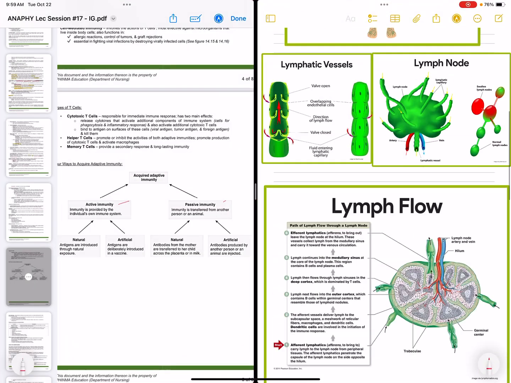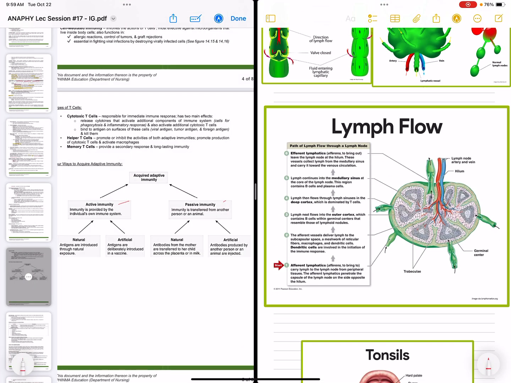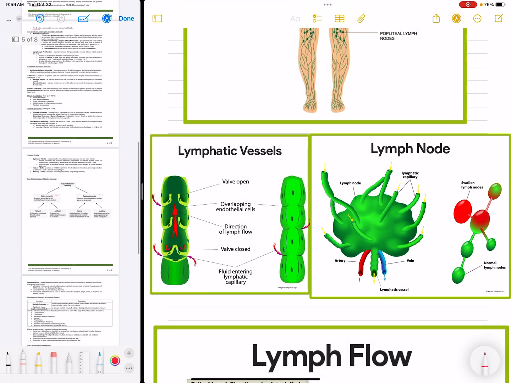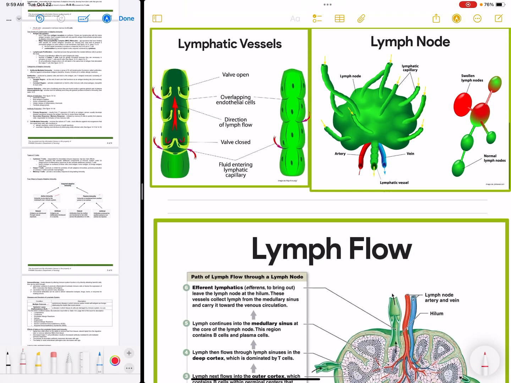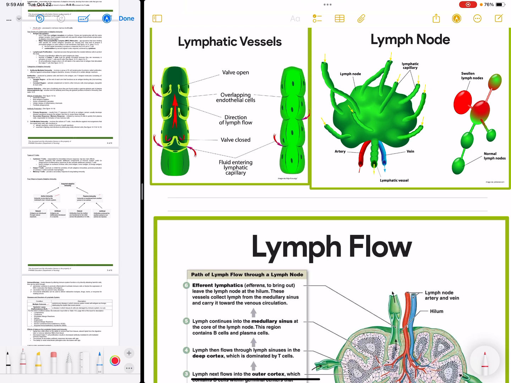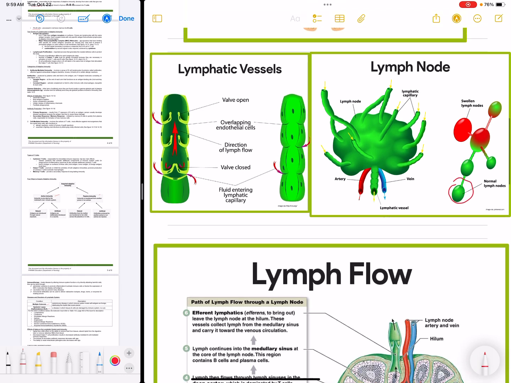Okay. Sorry, ang lymph flow. So, path of lymph flow through a lymph node. So, makita nyo galit dire ha. Ang normal lymph nodes natin is munilang tsura. Pero kung swollen, makita nyo duga dako ang lymph nodes nato.